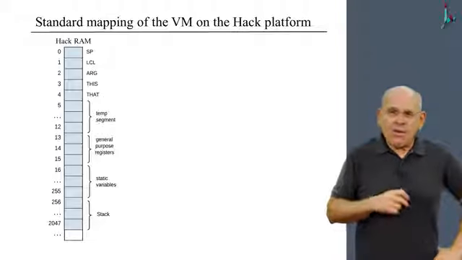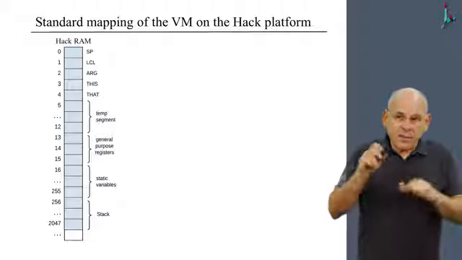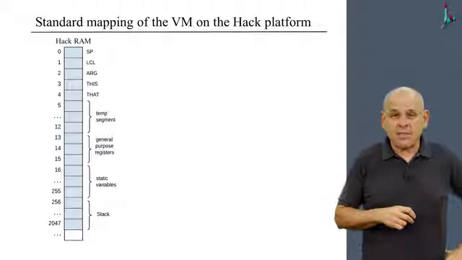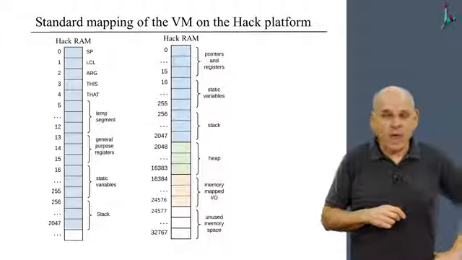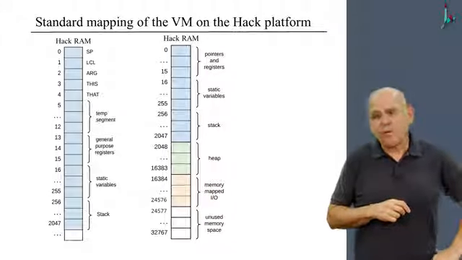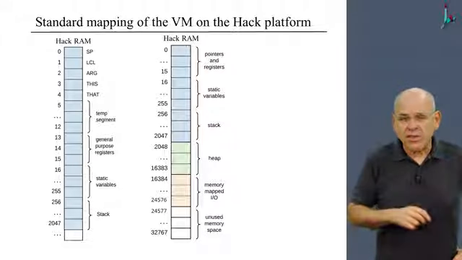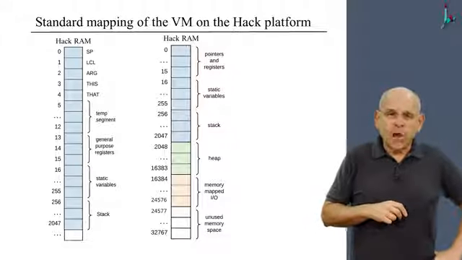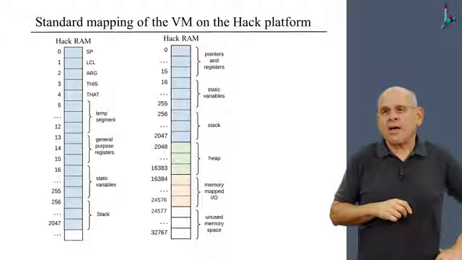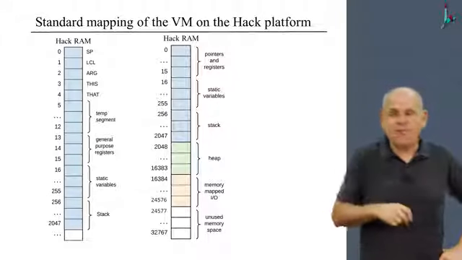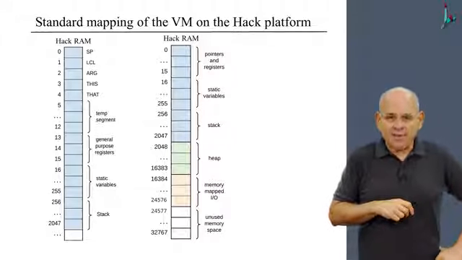But now I also want you to see this thing in the overall context of the host RAM. So this is the entire host RAM of the Hack computer. It consists of about 32,000 words, and the top 2K words are what we've been discussing all the time. That's the blue stuff on the left.